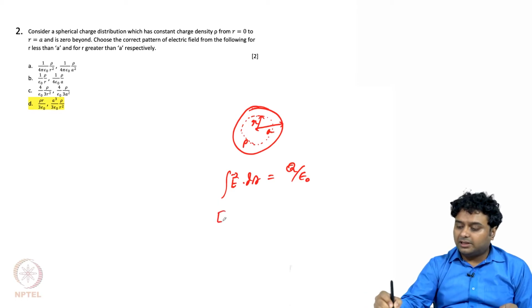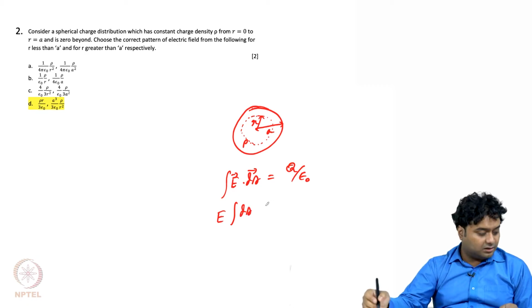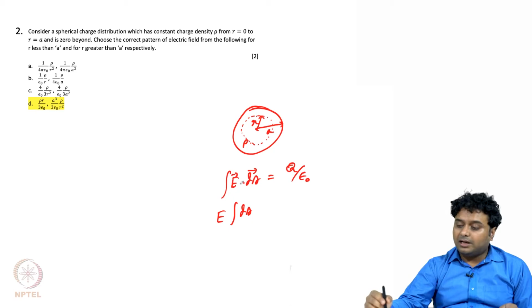So then I get E times the integration over ds only, and everywhere E and ds are in the same direction. So it will ultimately be cos 0, that is 1. So I can remove the vector sign because the electric field and the surface vectors are pointing in the same direction, and then this is equal to q enclosed.